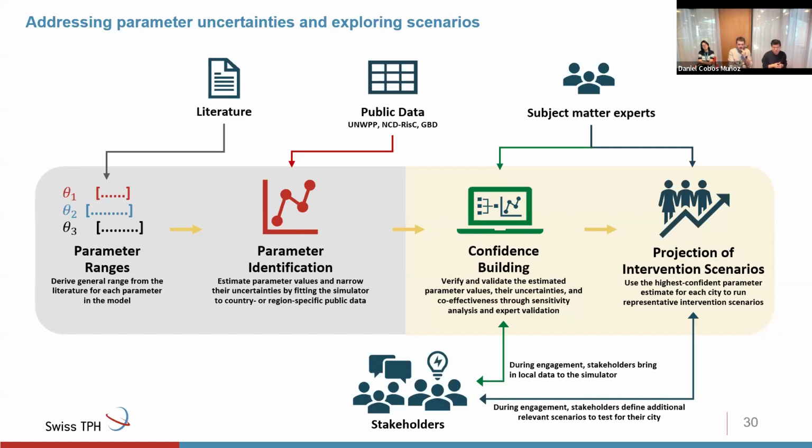So the stakeholders are playing a super important role here, because they will be able to tell us, hey, this is the data we have on our local site, as Sandra explained in her Arakaji example, and they will also help us outline the scenarios that are most relevant to their city that the simulator can help them explore. So if you can please click to the next one.